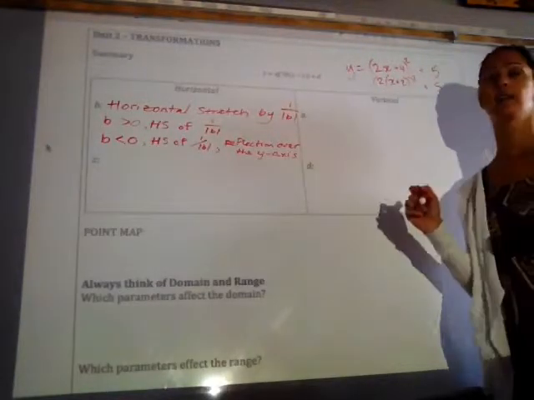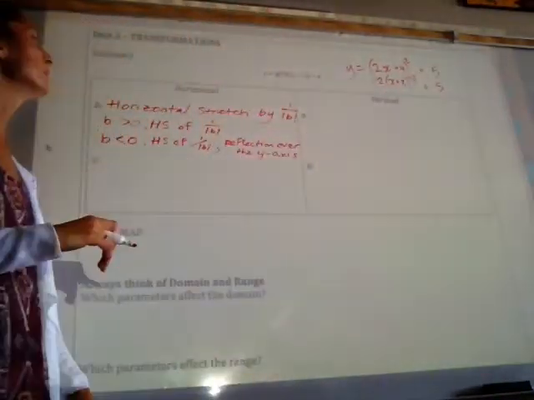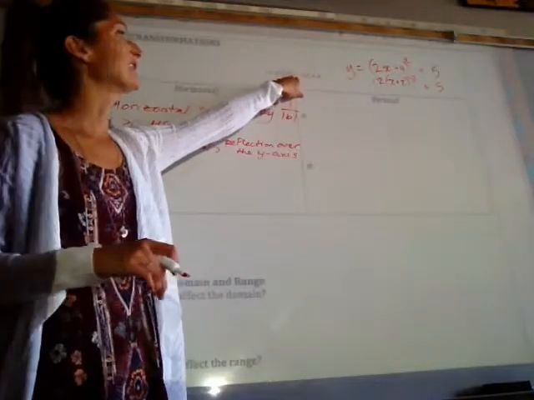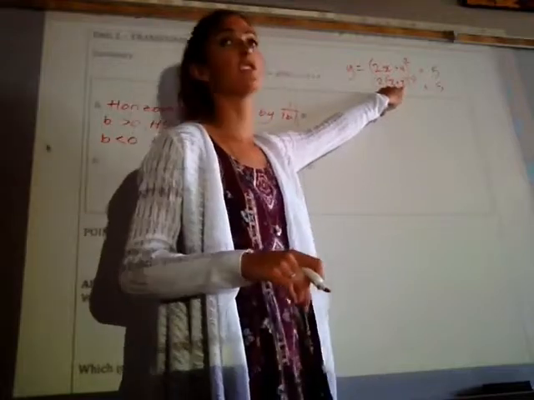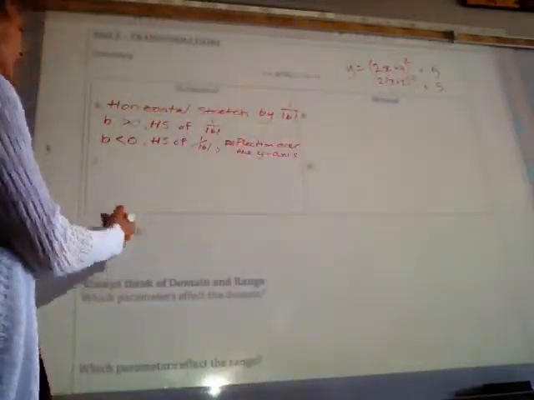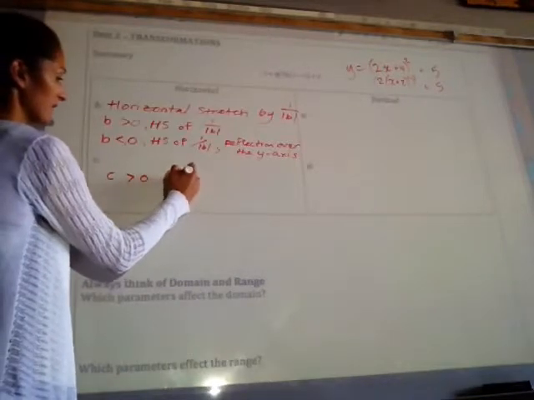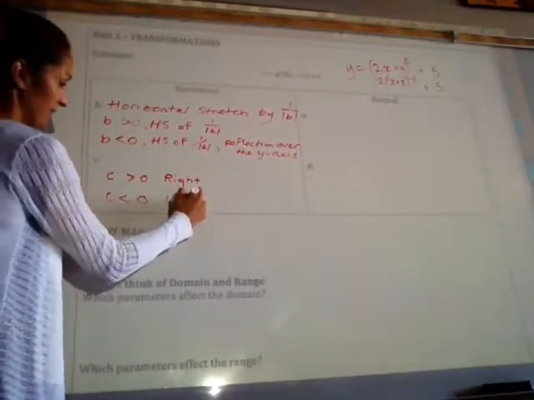Now what does C tell us? It's a horizontal translation. In this case, we'd be moving left 2 spaces, but if we look at the transformation equation, there's a negative there. So the value that we subbed in was actually a -2, which is why we're left. So if C is positive, we move right, but if C is negative, we move left.